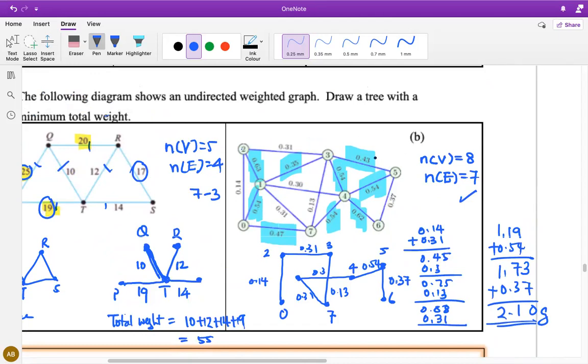Okay, so is there another route or not? Okay, let's say I want to take 0.43. I don't want to avoid this. So I have to go 0.37. All right, so I have to go this way. All right, so I use yellow. Okay, so I go here, then I must go here, right?